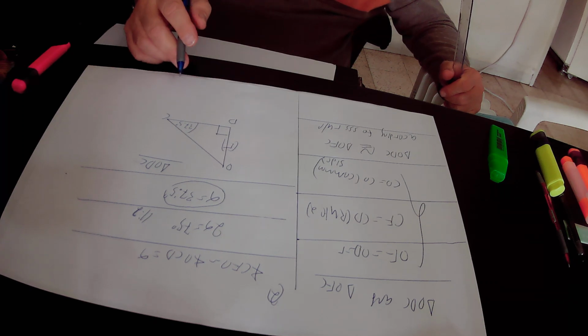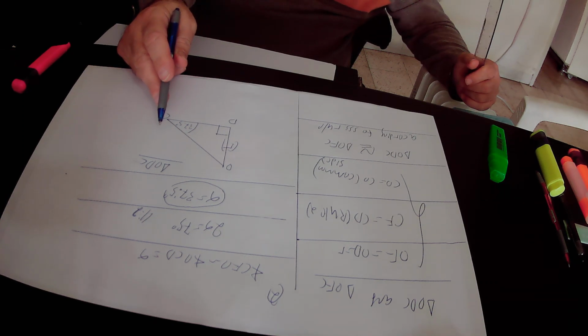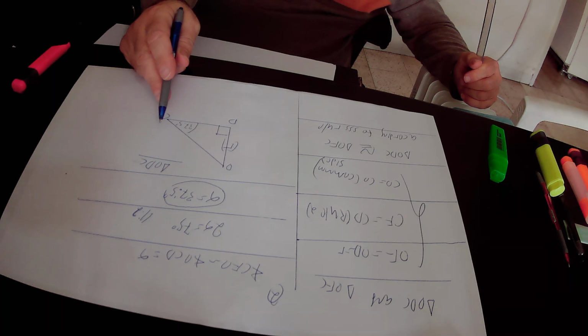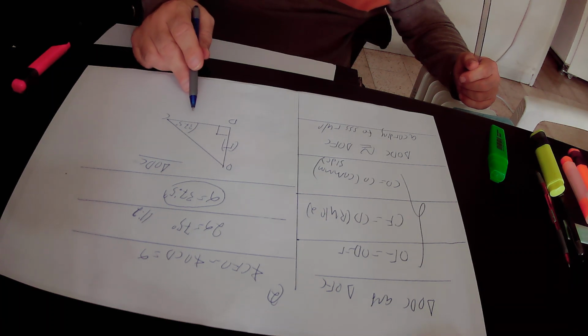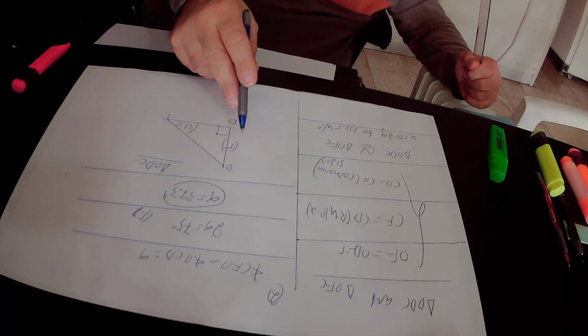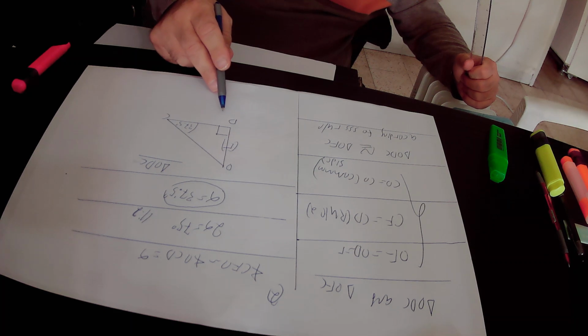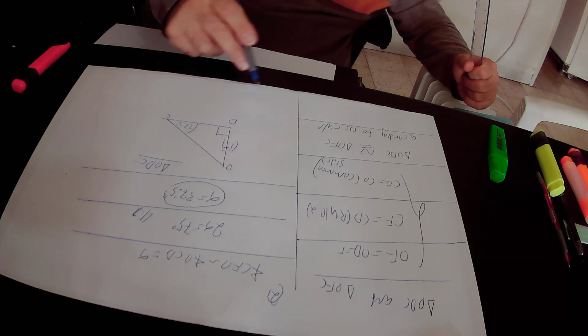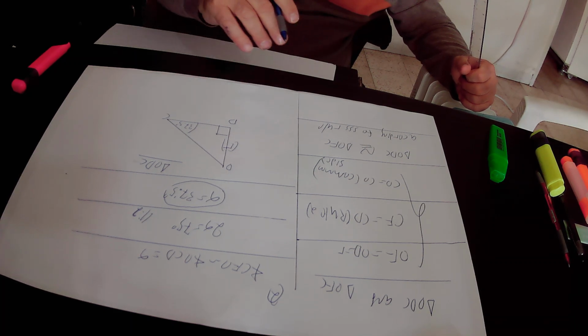So this is triangle ODC, a copy from the original drawing. This is angle alpha that equals 37.5 degrees, and side OD of the triangle equals R, that is to say, the radius of the circle.